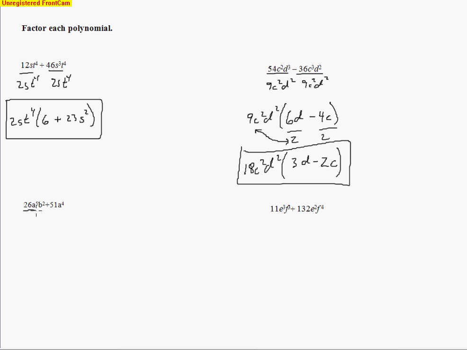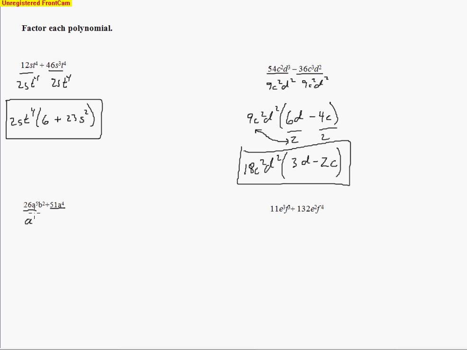Well, let's take a look at the next one here. We see that there is a common factor of, let's see here, 13, it looks like. Well, but 13 doesn't go into 51. So 3, nope, 3 doesn't go in there either, and 17 is the other factor I see in 51. So I don't see any common numbers in those terms, but I do see some a's.